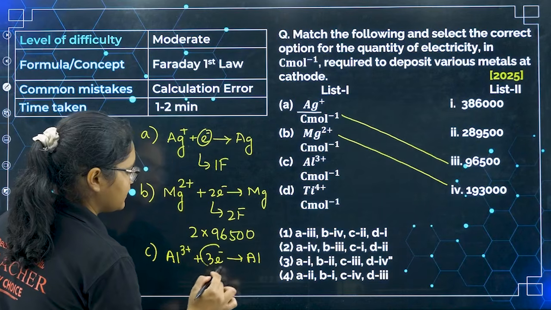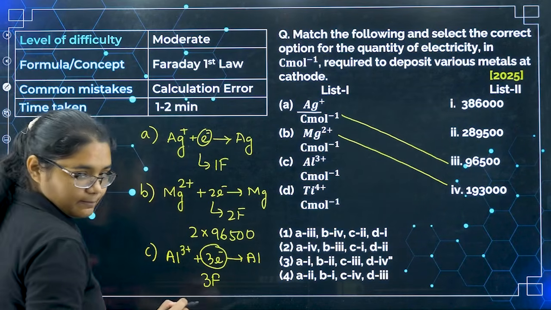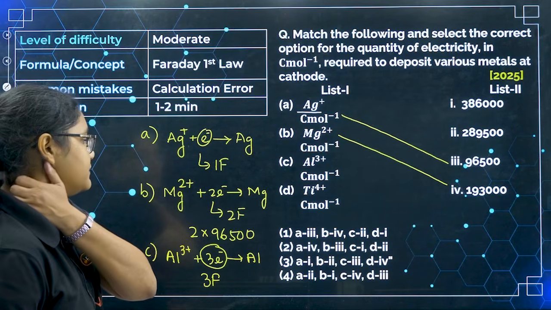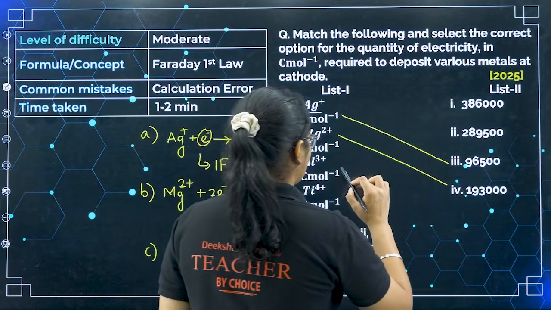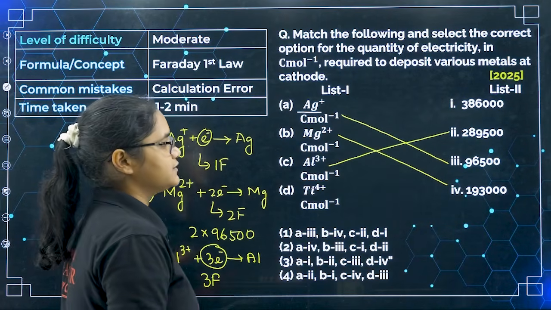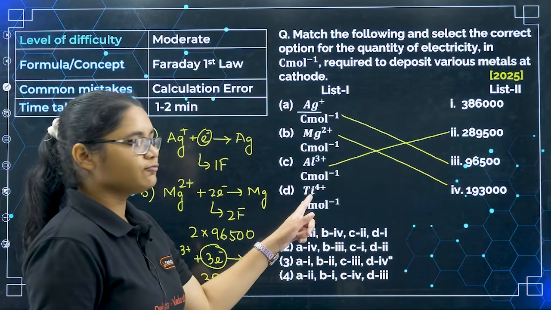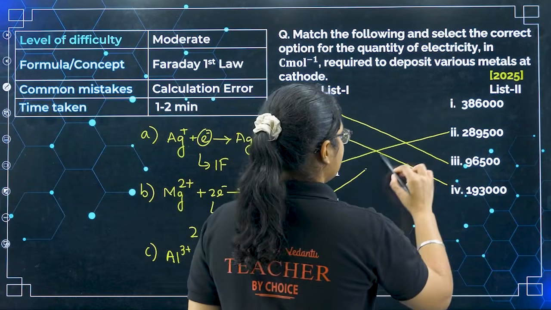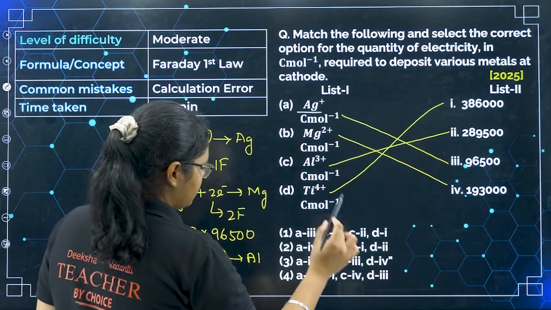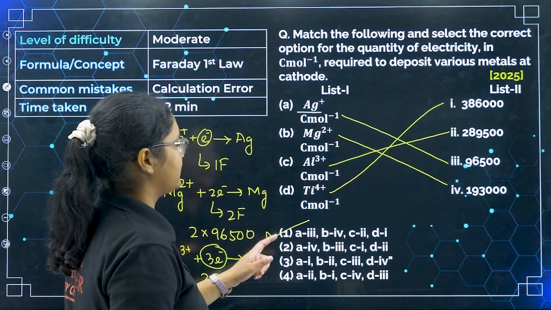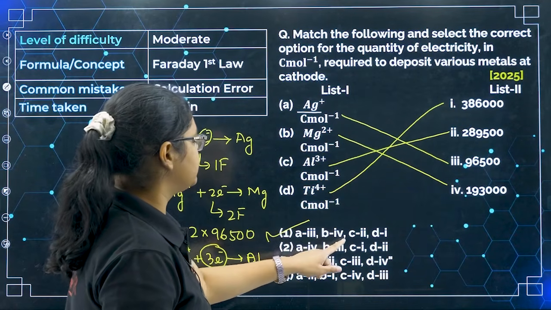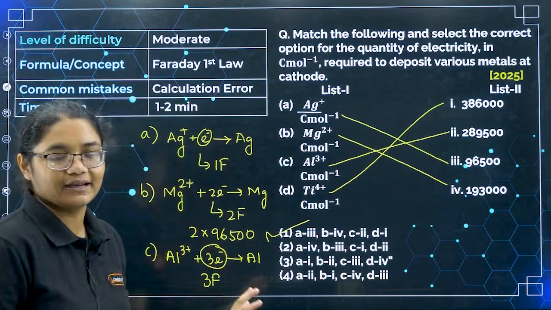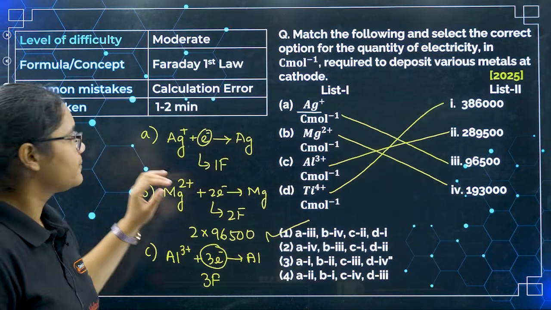We'll require 3 moles of electrons or 3 Faraday. So 3 into 96500, that will give me 28,000 something. So this is the option. Next, Ti4 plus will require 4 moles of electrons. So this one will be this one. So I have A3, B4, C2 and D1, and there's only one option with that. So option number A is the correct answer.